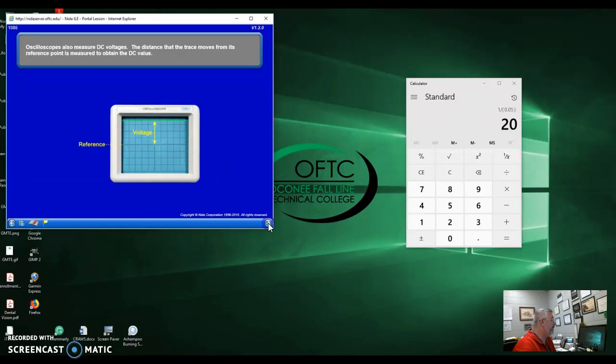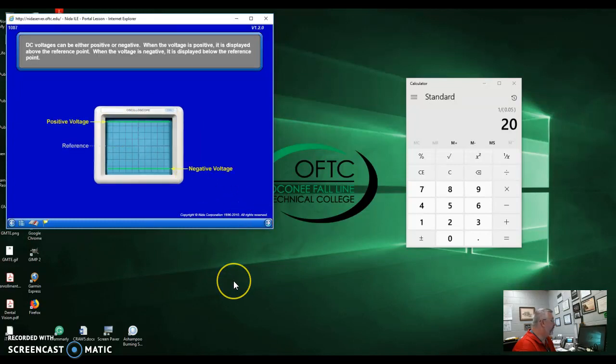And they can also measure DC. If we have our trace centered on the reference line, and most times we will, DC is going to be a straight line. It's direct. There's no alternation to it. It is a direct voltage, and we just have to count the voltage in relation to that reference line.